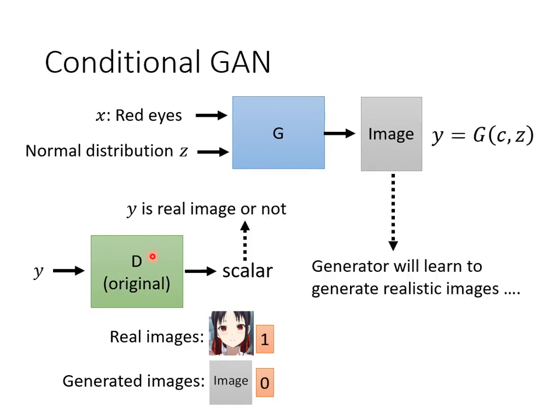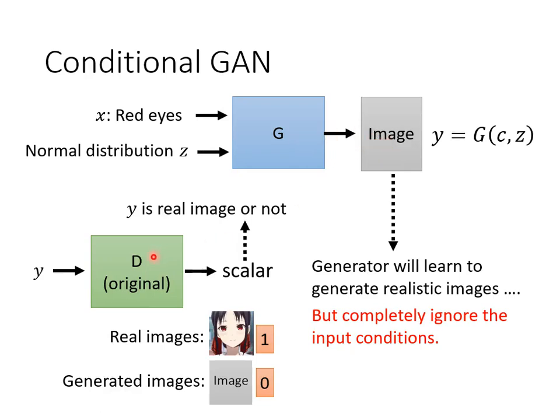Why? Because if we only train the discriminator, and this discriminator only takes y as input, what the generator will learn is how to generate a very clear picture that can fool the discriminator. It will produce clear pictures, but the picture isn't correlated to the input. Because for the generator, it only needs to generate clear pictures.